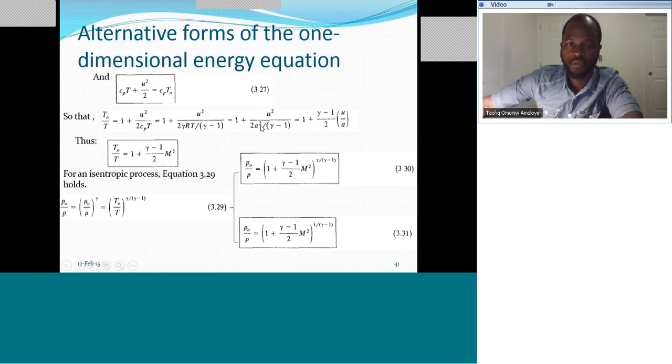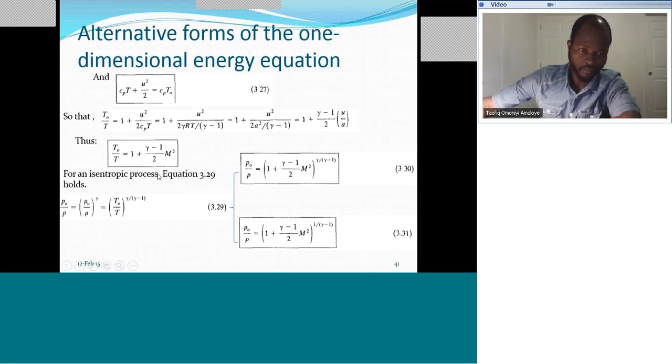So then you see this is u squared over a squared, which is just the square of the local Mach number, since Mach number is the ratio u over a. So at the end of the day, we have the ratio T naught over T equals 1 plus gamma minus 1 over 2 times Mach squared.